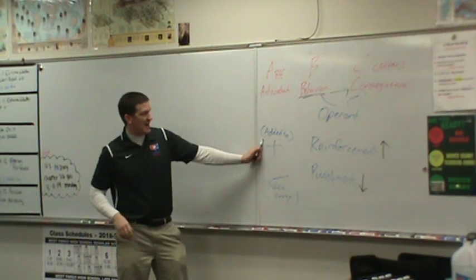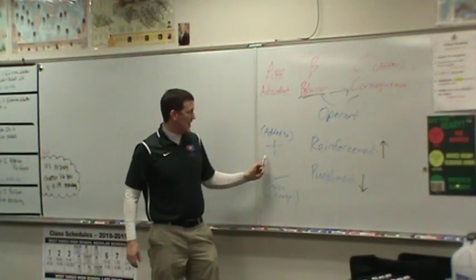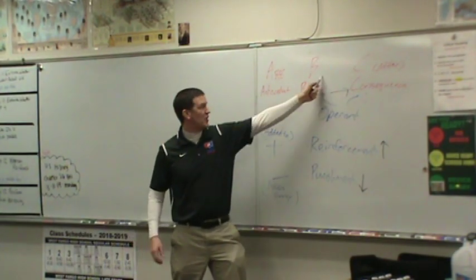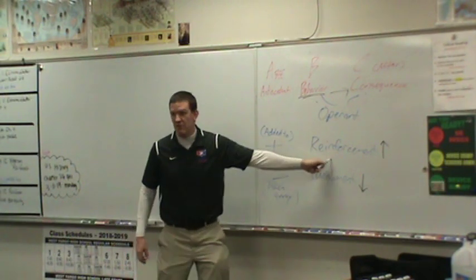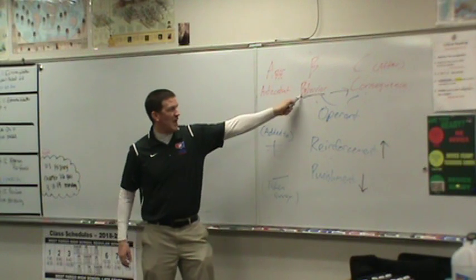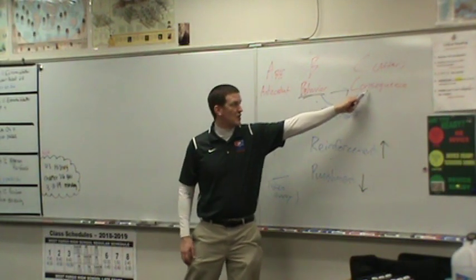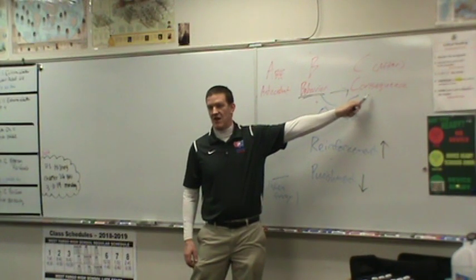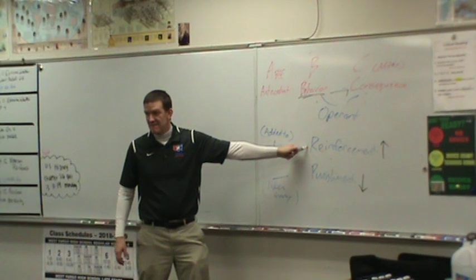If something is added to you, and that increases the likelihood that you're going to repeat this behavior in the future, it would be positive reinforcement. If you behave, something is taken away from you, and it increases the likelihood that you'll behave that way in the future, it's negative reinforcement, right?